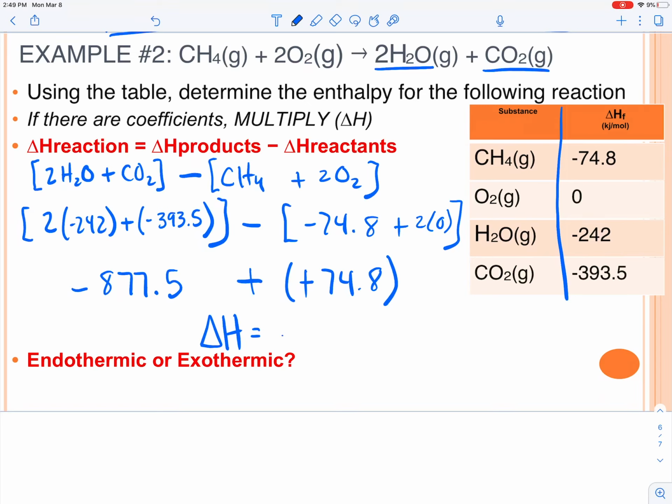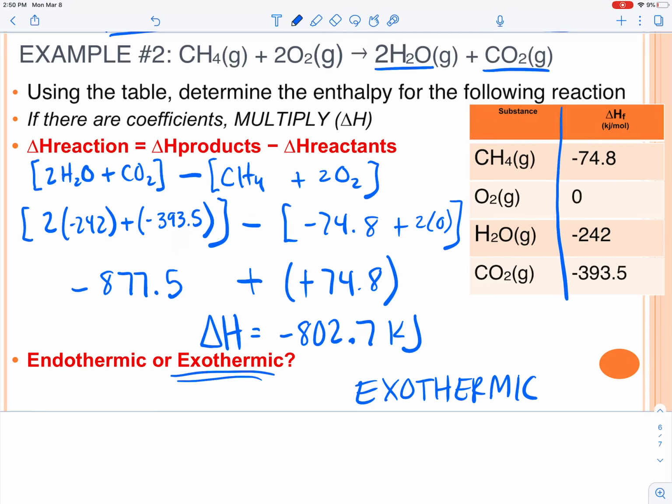And I get a delta H of negative 802.7 kilojoules. And then you want to ask yourself, is this endo or exothermic? And because it's a negative number, this is exothermic.